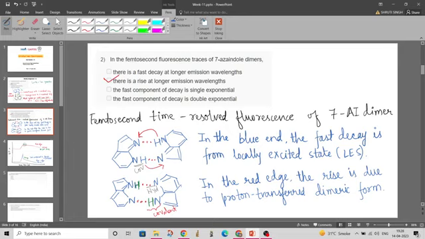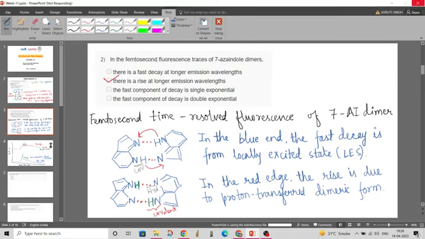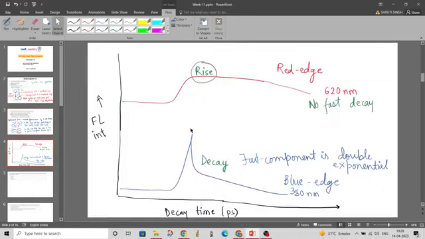And in between I have not drawn. So in between, at around 400, we see a rise and a decay, with this color. So this is at around 450 nanometer.